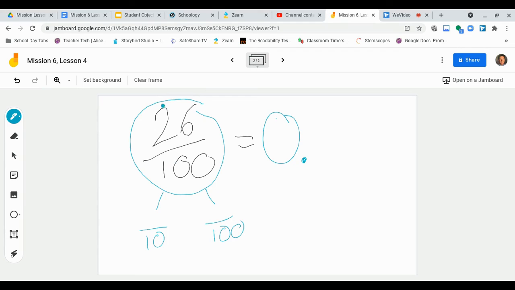Well, I'm going to look here. 20, I have 2 tenths, actually, because, again, I have 20 hundredths here out of this, and then I have 6 hundredths left over, right? So I have 2 tenths and 6 hundredths left over. How do I write that then? Well, in the tenths spot, I have 2, and in the hundredths spot, I have 6. 26 hundredths. Looks just like that.